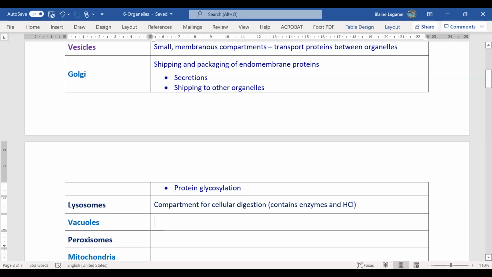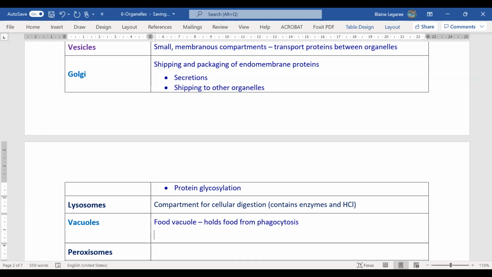All right, so let's write a note for the vacuoles here. Vacuoles, we have 3 types. So food vacuole. Holds food from endocytosis or phagocytosis. We have central vacuole.